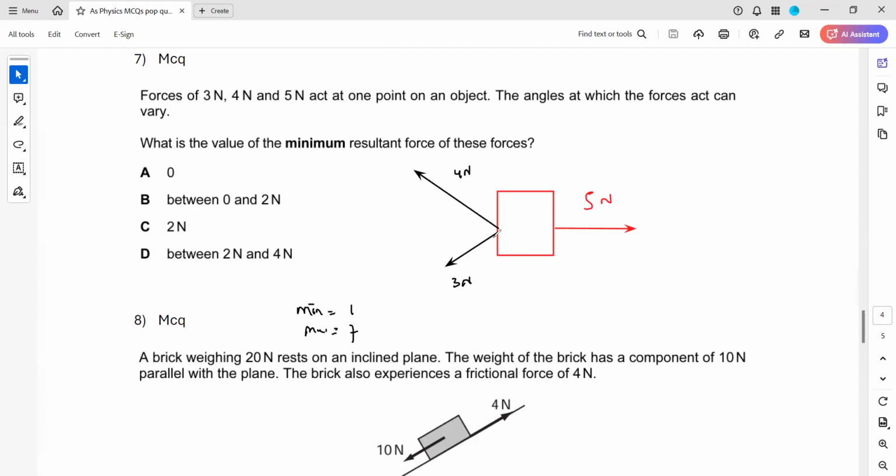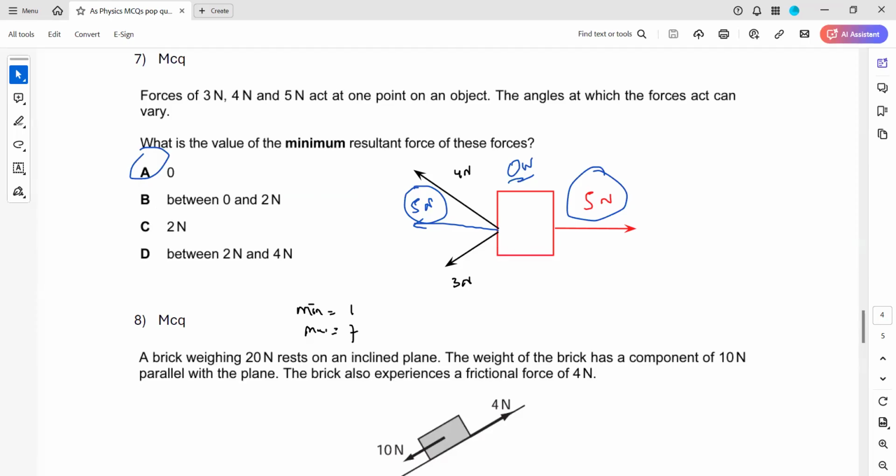So by changing the angle, I can change the magnitude and I can make the magnitude 5. So if this magnitude is 5 and there's a 5 on the opposite side, what is the resultant? The resultant will be 0. So if the resultant is 0, the minimum here will be A.